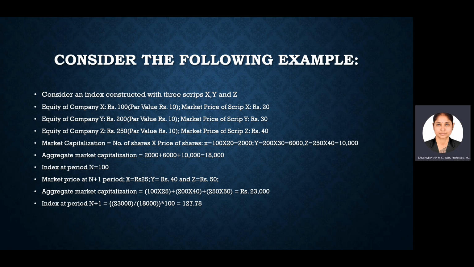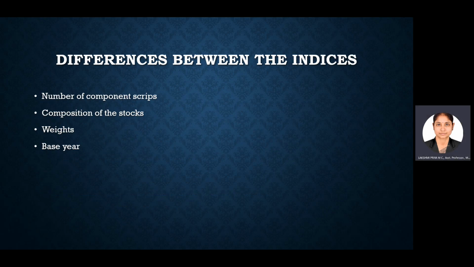So hope you understood how to calculate the market index. So I told you there are different market indices like BSE Sensex, Nifty 50, BSE 100, Dolex, etc. There are some differences between these indices based on different factors.